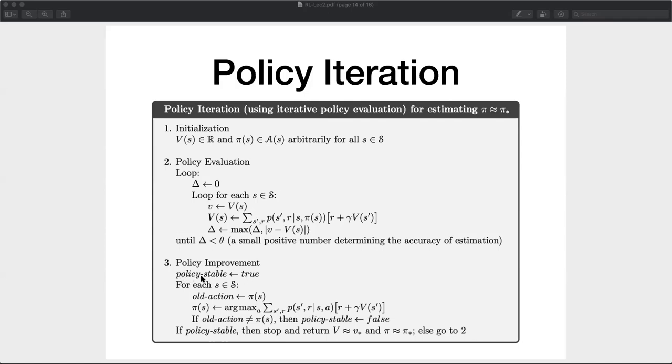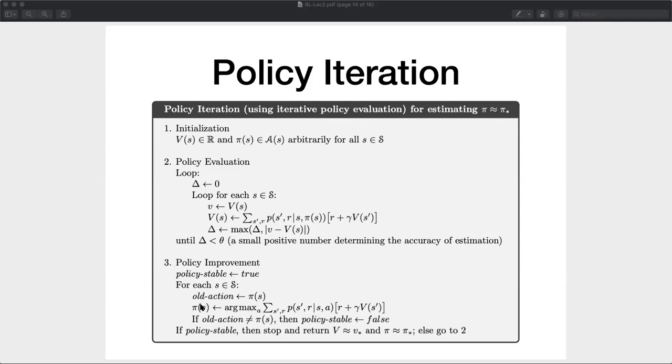So we initialize with the policy stable is true, and then we're going to sweep over all the states. So our current policy at that given state is going to determine what action I should take following that policy. But instead, we're going to update the policy. We're going to say argmax, the action that maximizes that return. That's the action you should take.